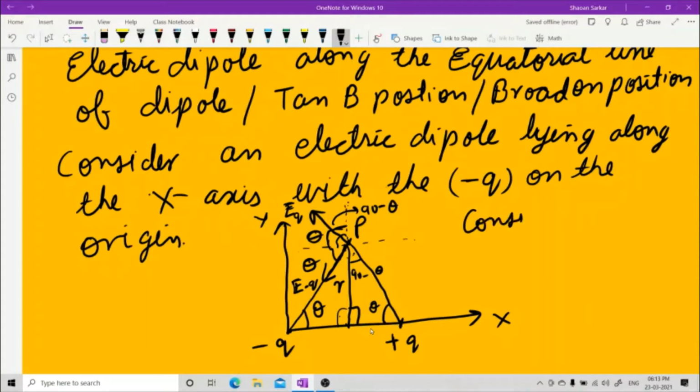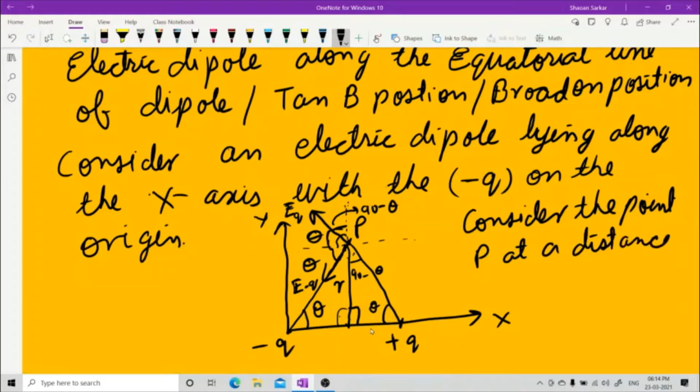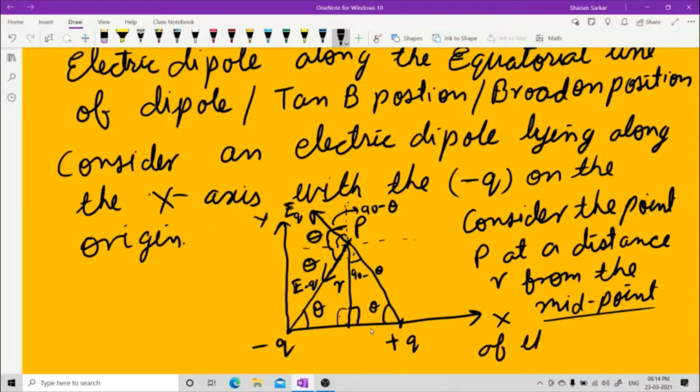Consider the point P at a distance r from the midpoint of the dipole. Midpoint, this is very important, midpoint of the dipole.